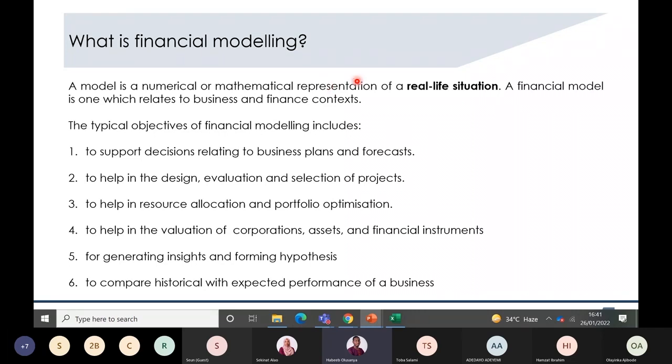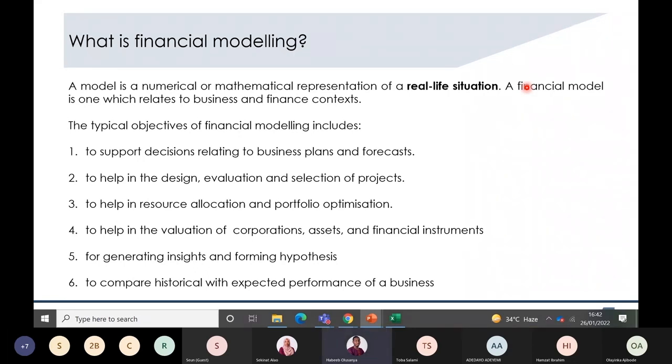For a financial model, which we'll be looking at in this class, it relates to business and finance, right? So it helps you put the real life situation of your business, or of a finance project you're considering, into a mathematical model to help you analyze and see the trend in performance of your business or of the project you are trying to achieve or run.